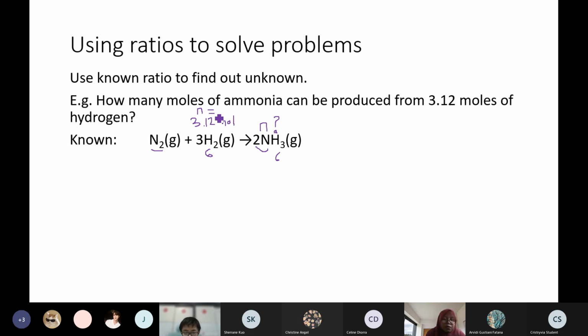To find the moles of ammonia, NH3, we can use the mole ratio.